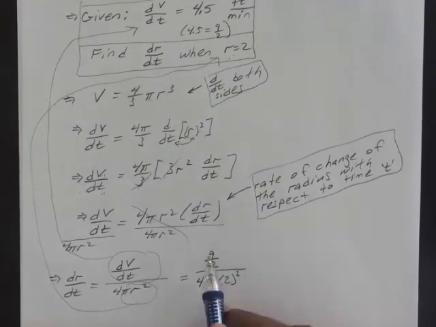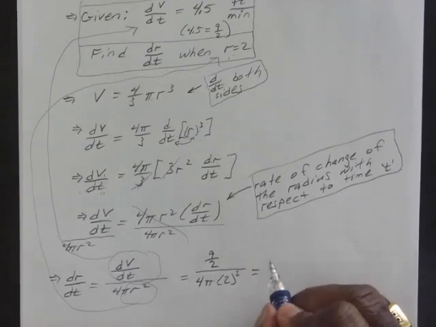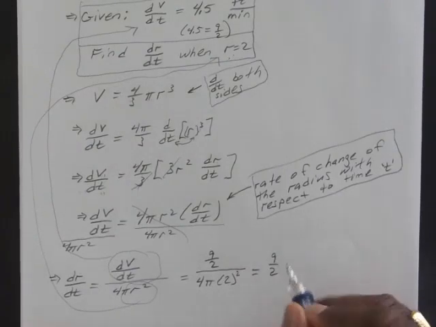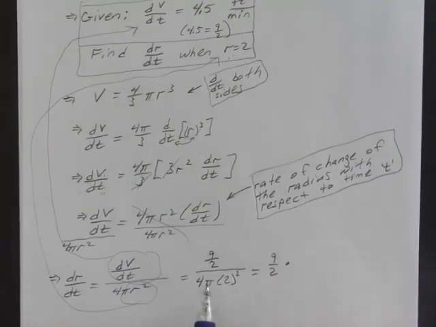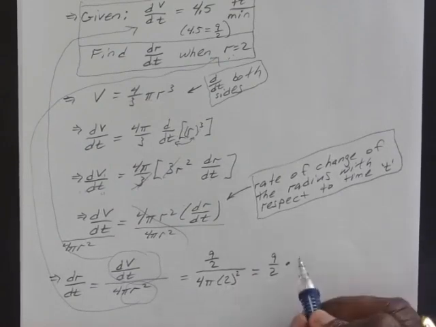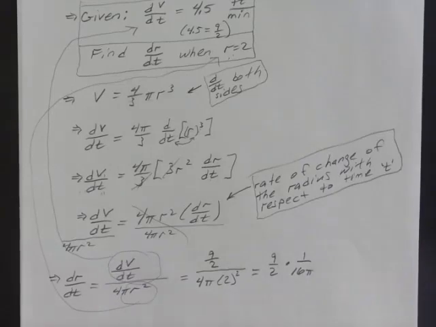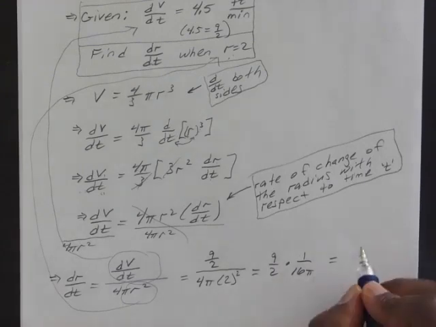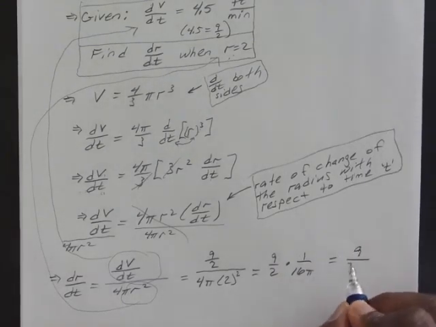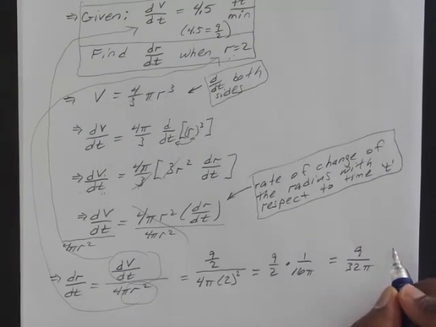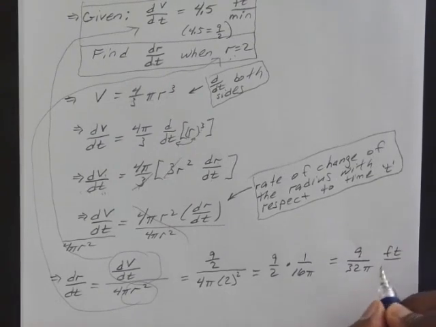So this is 9 divided by 2 times 4 times pi times 4, which is 1 over 16 pi. So if they did ask for the exact answer, it would be 9 divided by 32 pi feet per minute.